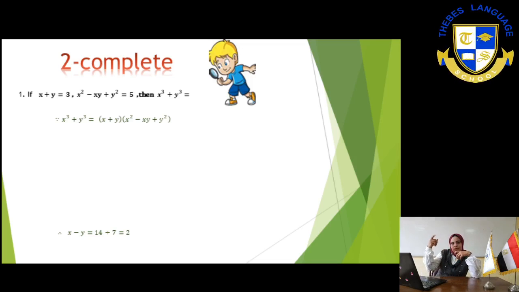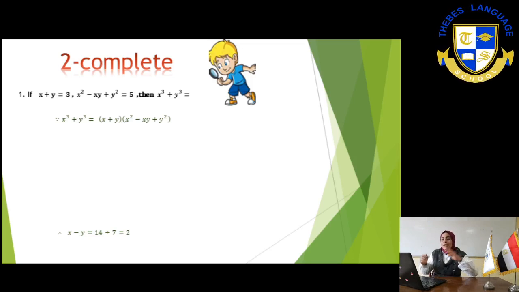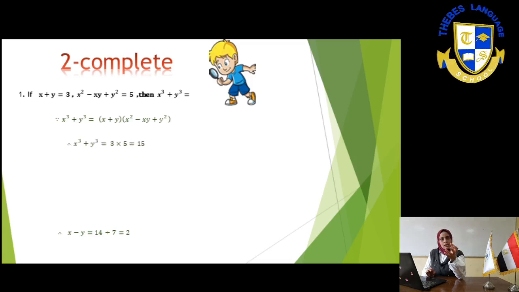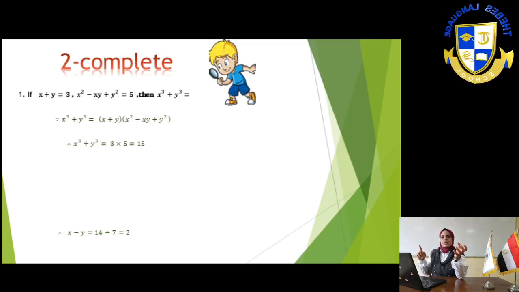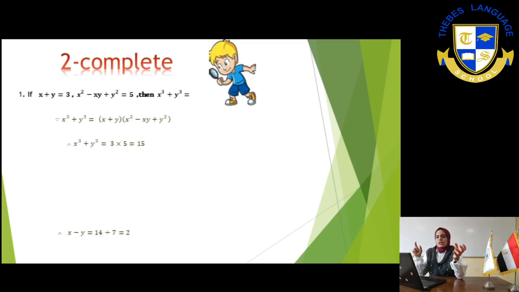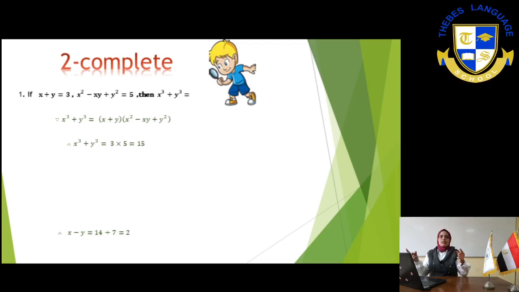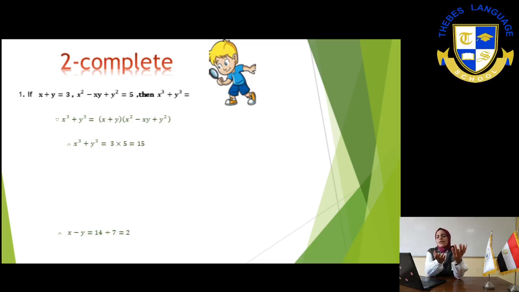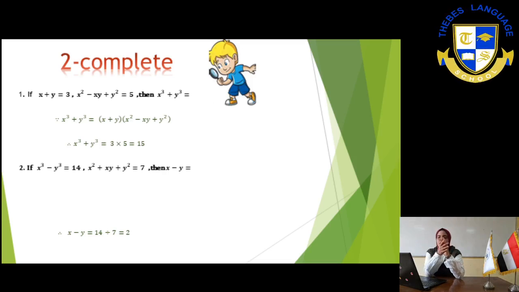Let's remember, x power 3 plus y power 3, by factorizing, will be x plus y multiplied by x power 2 minus xy plus y power 2. So, to find the value of x power 3 plus y power 3, it will be the product of x plus y and x power 2 minus xy plus y power 2. So it will be 3 times 5 equals 15.